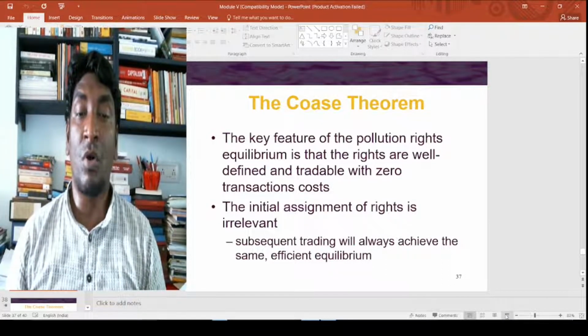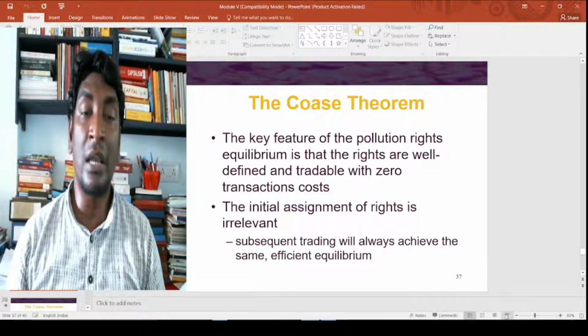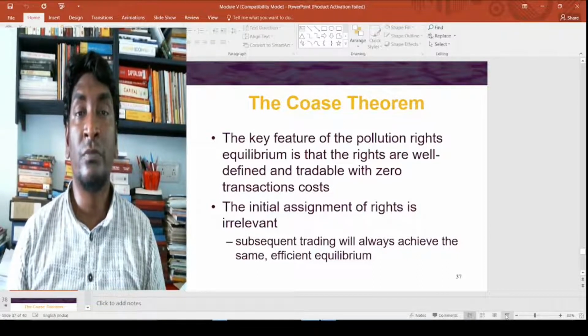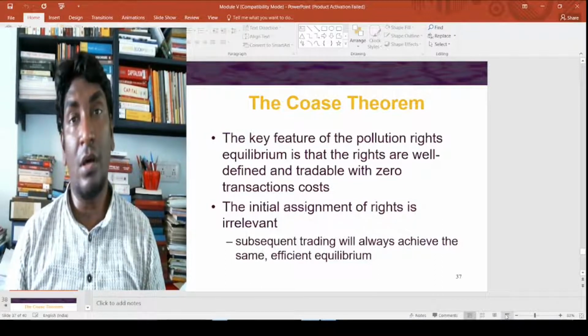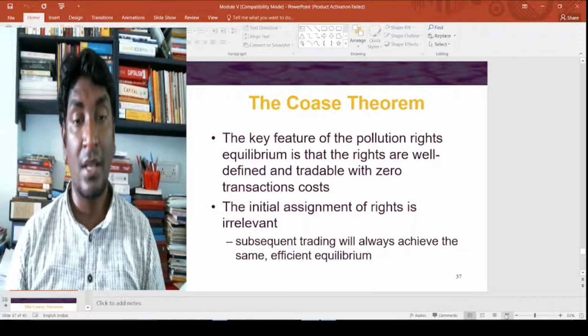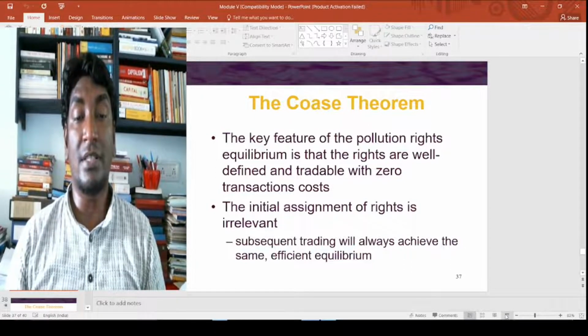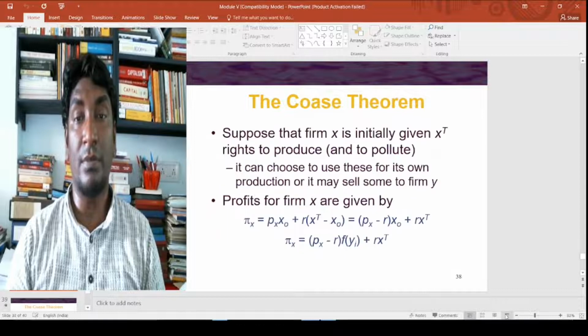That is what is called the initial assignment of the right being irrelevant in a bargaining system, or the pure case of market transaction. Subsequent trading will always achieve the same efficient equilibrium.